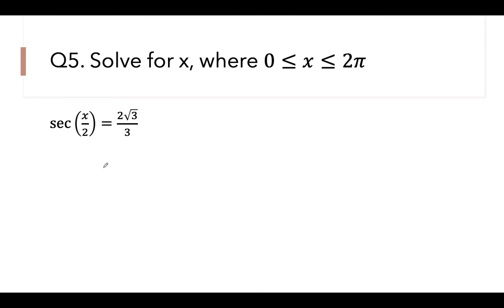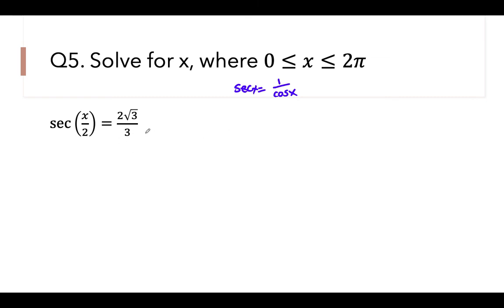Now this time we're given a fraction of an angle. So we have secant x over 2 is equal to 2 square root 3 over 3. First, I'm going to make the secant into a primary trig ratio. Secant is equal to 1 over cosine.